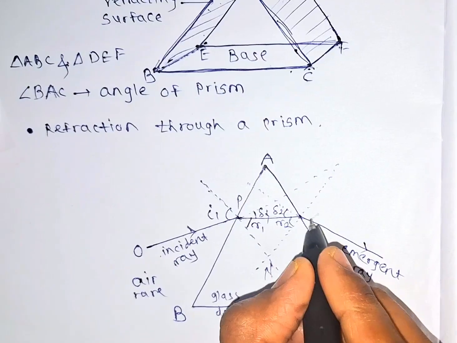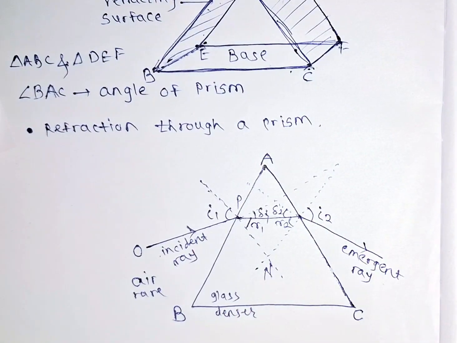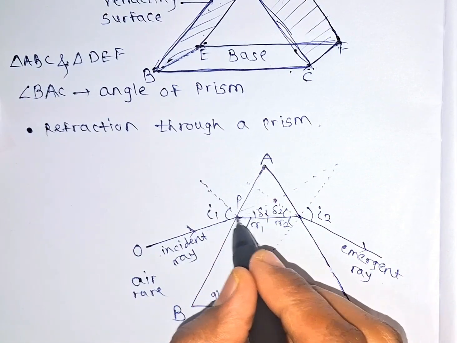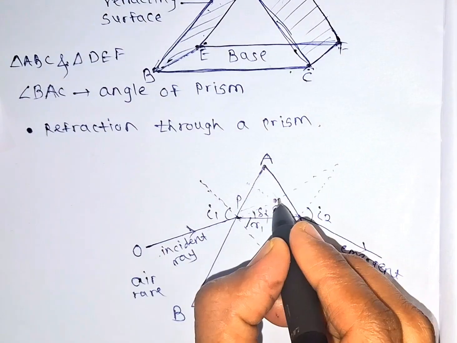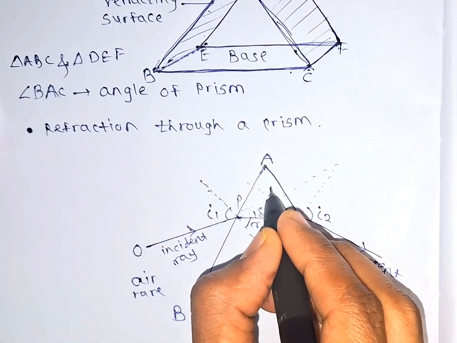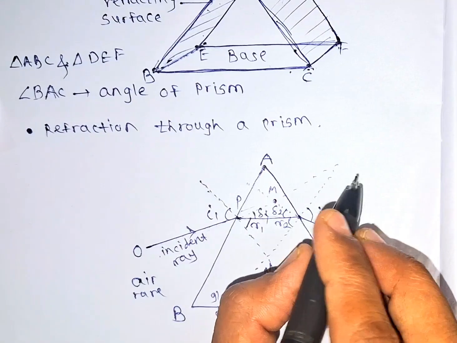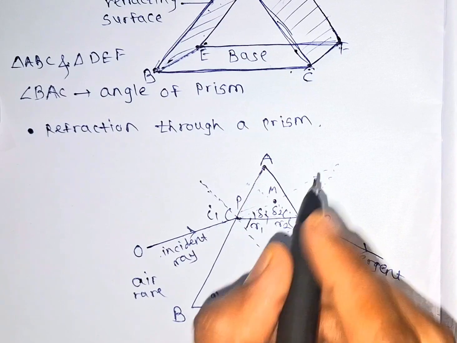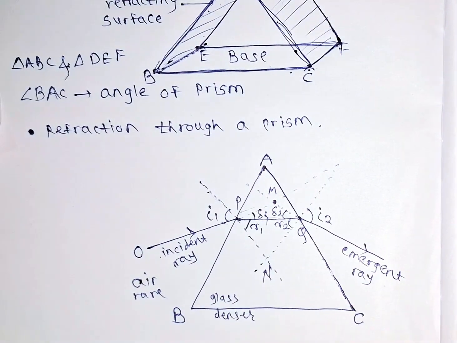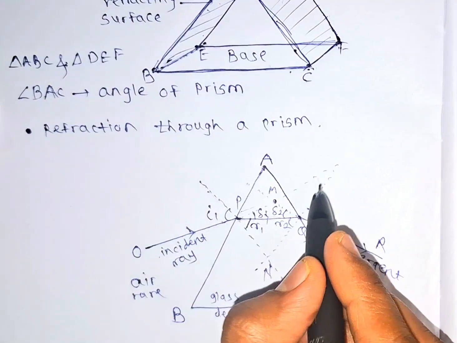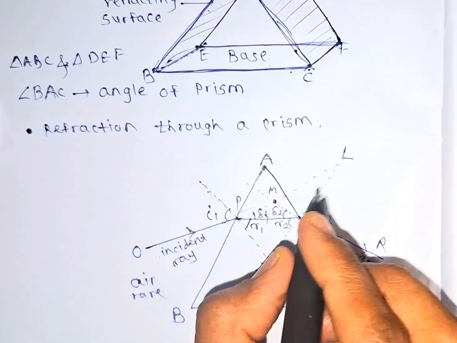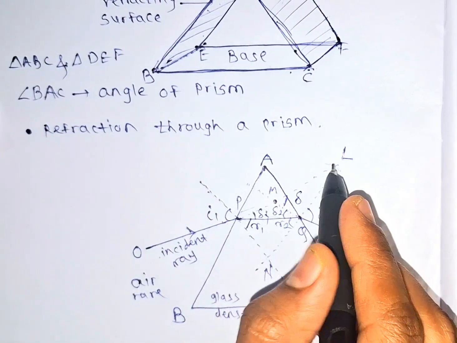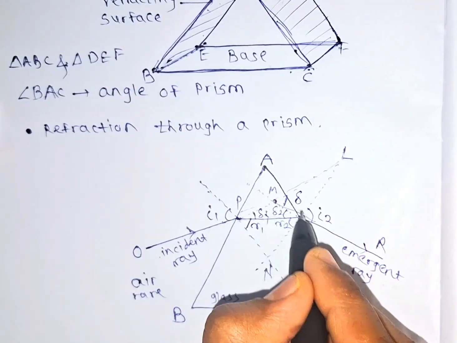This is the normal, and the emergent ray angle is named I2. The incident ray after refraction and the emergent ray both meet at this point, so we name it M. So this is I1, I2, P, this is named Q, this is R, and this point L. Here we get the total deviation delta, at point M, angle LMQ.